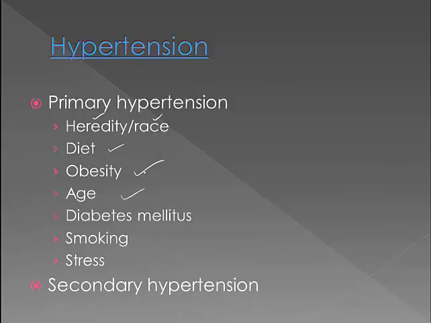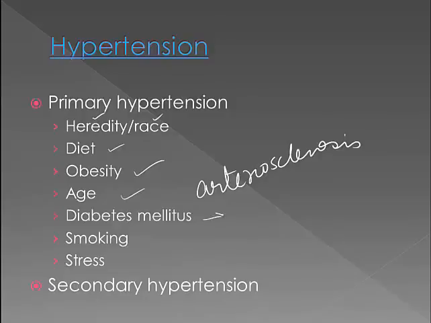Age, the older you get, these arteries become less elastic. You begin to suffer from something known as arteriosclerosis. And less elasticity means the arteries cannot expand, and then that can cause resistance. And again, atheroma is also more common with higher age groups, and hypertension.